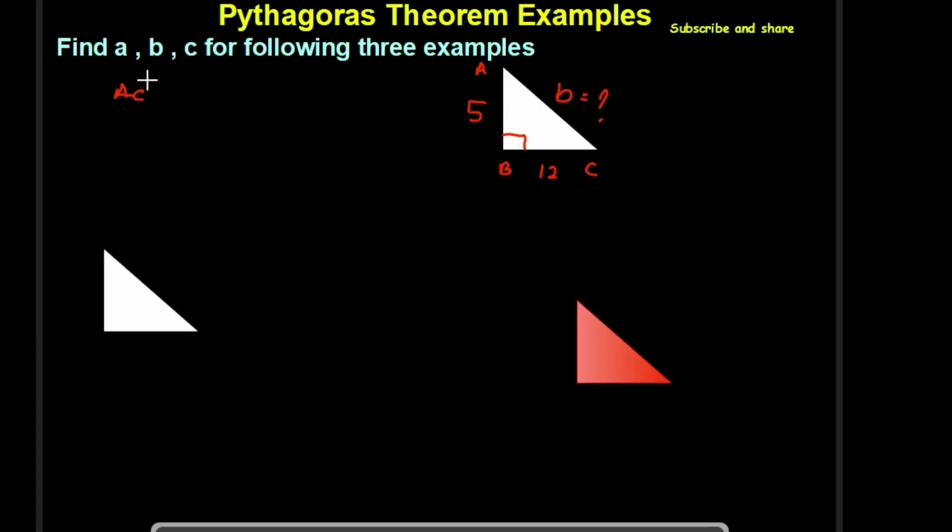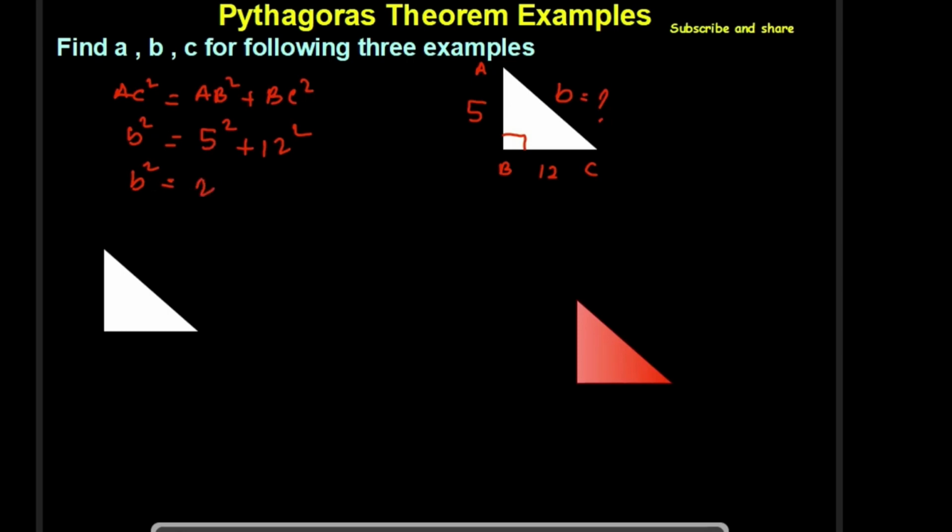So in this case, I am going to write AC square is equal to AB square plus BC square. Square of the hypotenuse is equal to the sum of the squares of the other two sides. So this is going to be B square, and AB I am going to write as 5 square, and BC is 12 square.